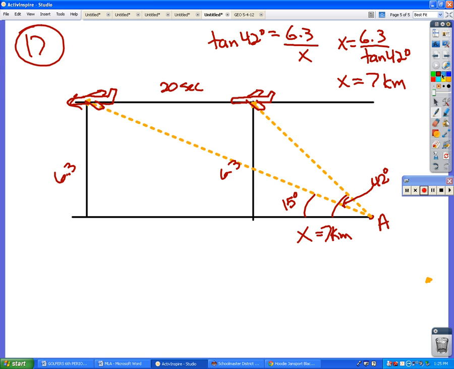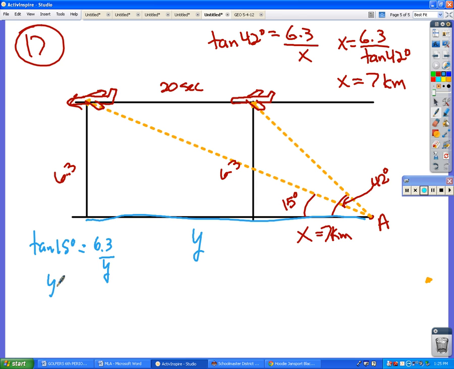Okay, so now she's going to look at the whole bigger triangle here, and find this entire distance, which we'll call just for funsies y. So give me an equation that I can use to find out what y is. The tangent of 15 degrees equals 6.3 divided by y.